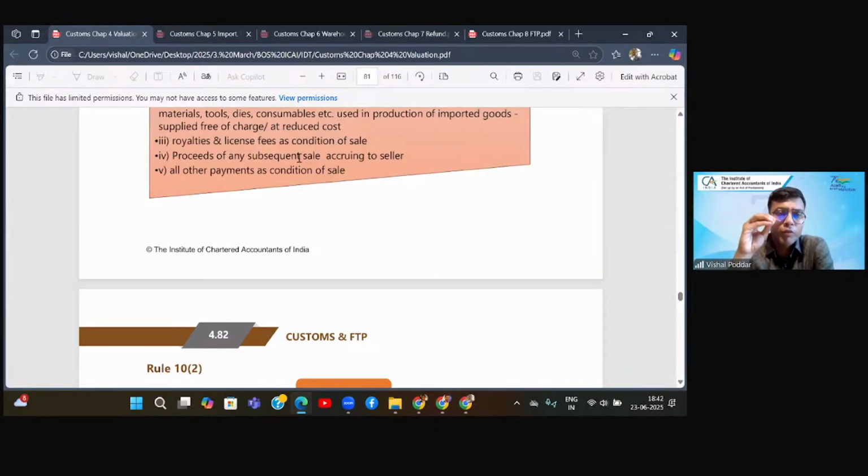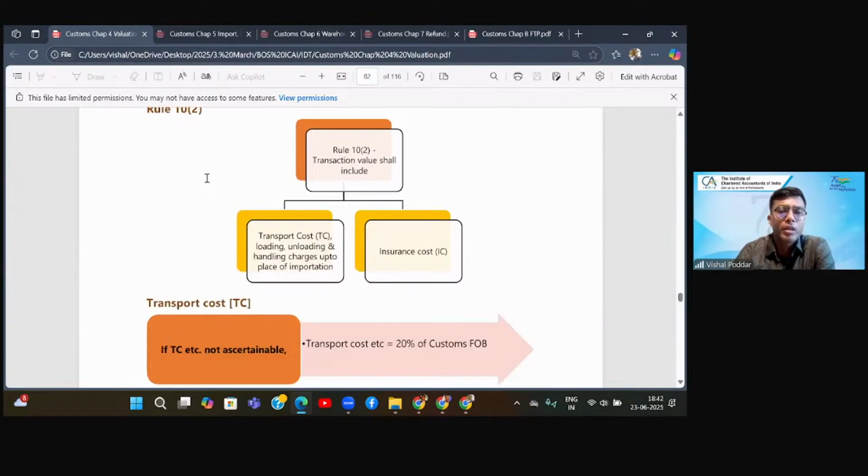So you are going to give me some proceeds out of subsequent sale also. In that particular case, the rule says we should include those further or future proceeds which I am expected to get, because that is also part of my consideration. So that should also be added. And further, any other payments which are a condition of the sale. Now, what does Rule 10(2) say?